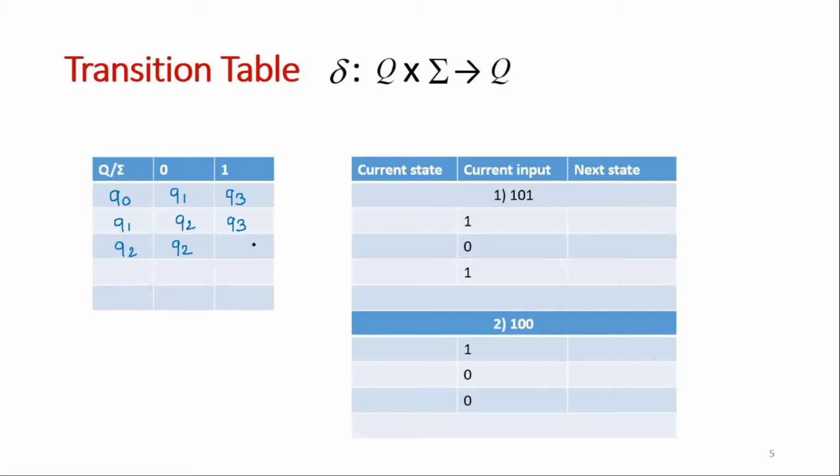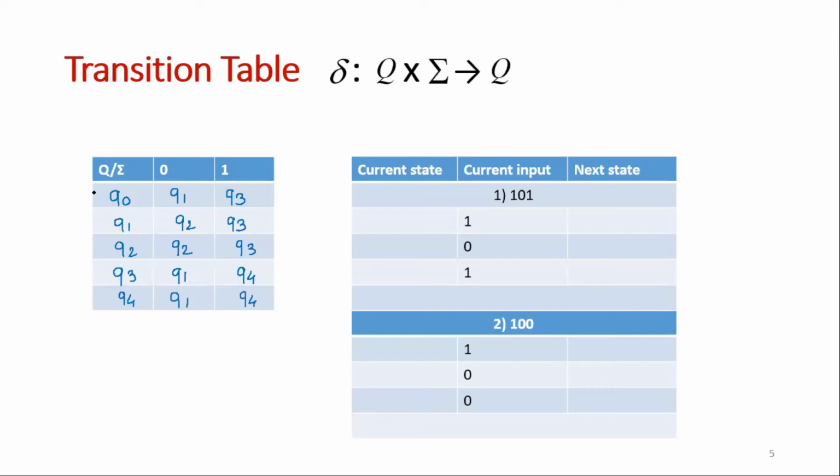If I get 1, I'll go to Q3. Then Q3 state. For 0, I'll go to Q1, and for 1, Q3 will go to Q4. Then let us write for the last state, that is Q4. Q4 for 0 will go to Q1, and Q4 for 1, self loop.